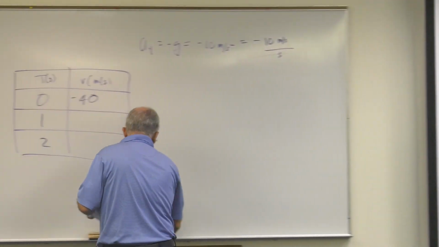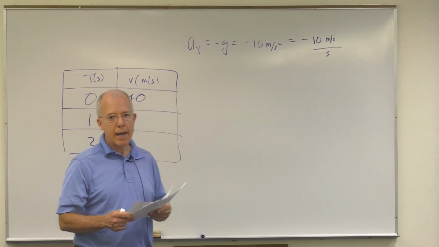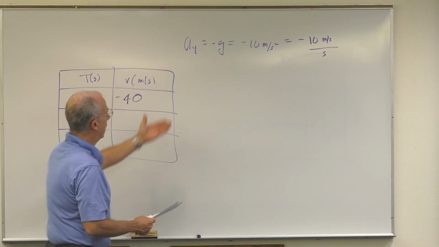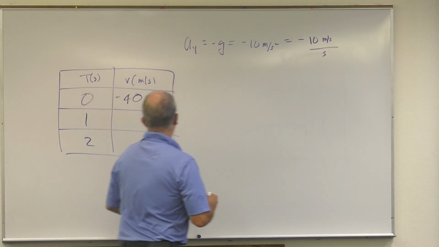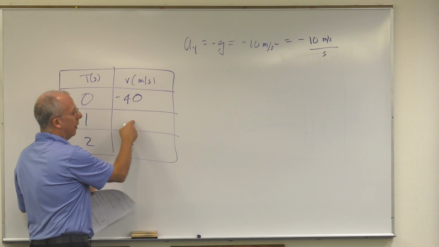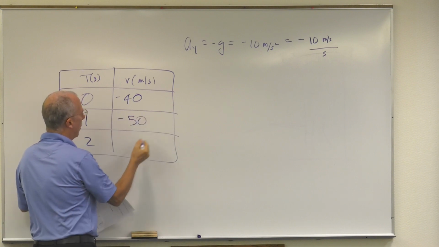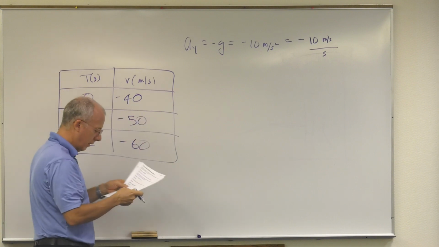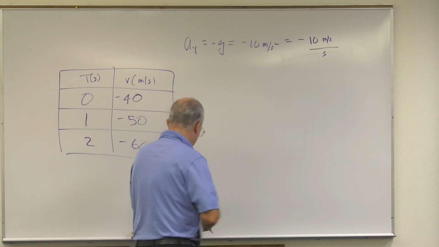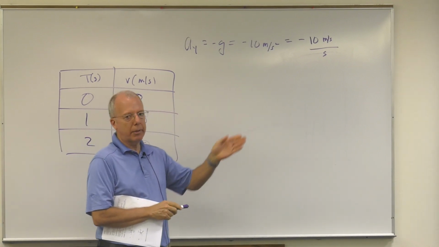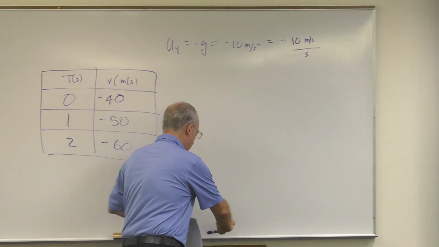Once it leaves my hand, the only force acting on it is gravity. So what's going to be the velocity 1 second later? Minus 50. 1 second later, minus 60. Great, and we talked about that earlier, so that's nothing new.